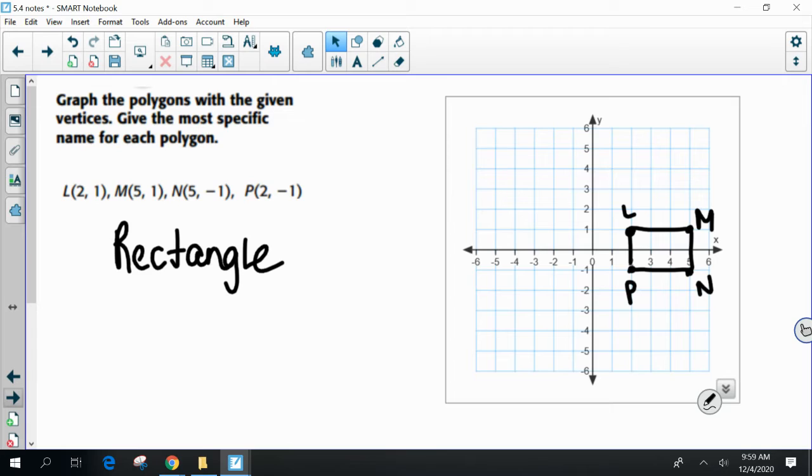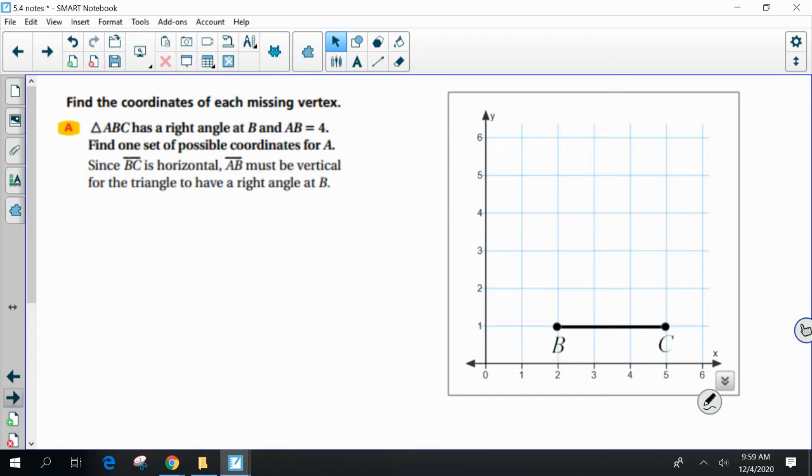Okay, so the next thing we're gonna look at is when we have a missing vertex and we need to find the point of the missing vertex. So if triangle ABC has a right angle at B, so this is gonna end up being a right angle, and AB is 4, find one set of possible coordinates for A. So how would I figure this out?